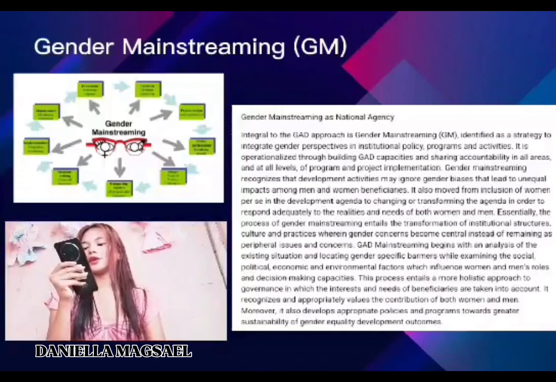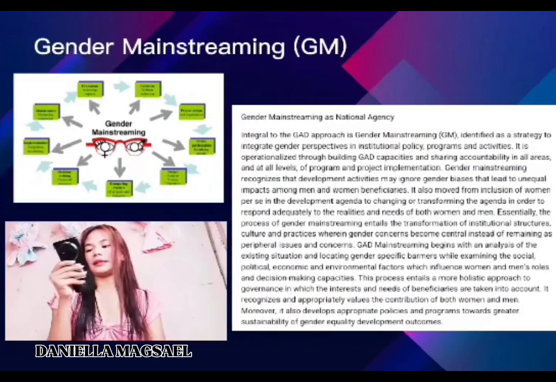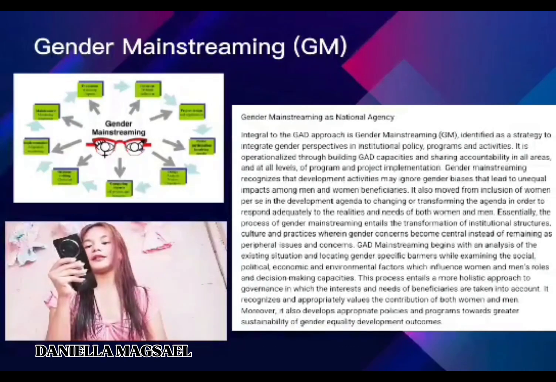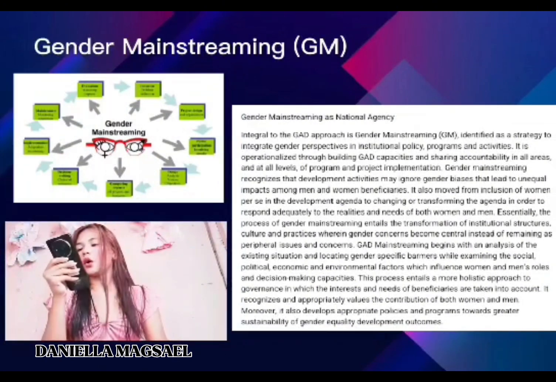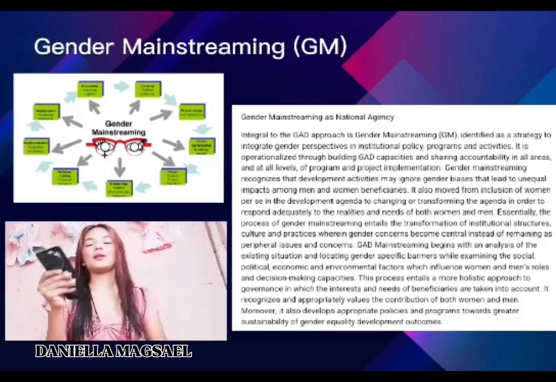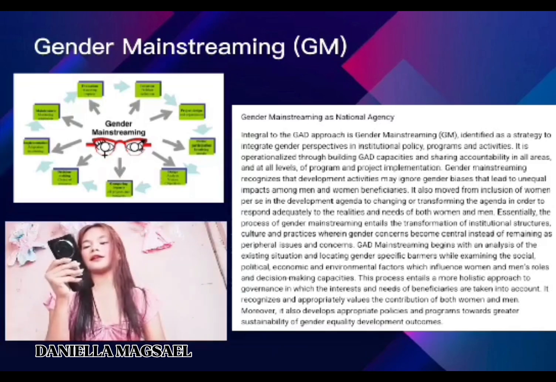So the next is gender mainstreaming as a national agency strategy. Integral to the GAD approach is gender mainstreaming or GM, identified as a strategy to integrate gender perspective in institutional policy, programs, and activities.